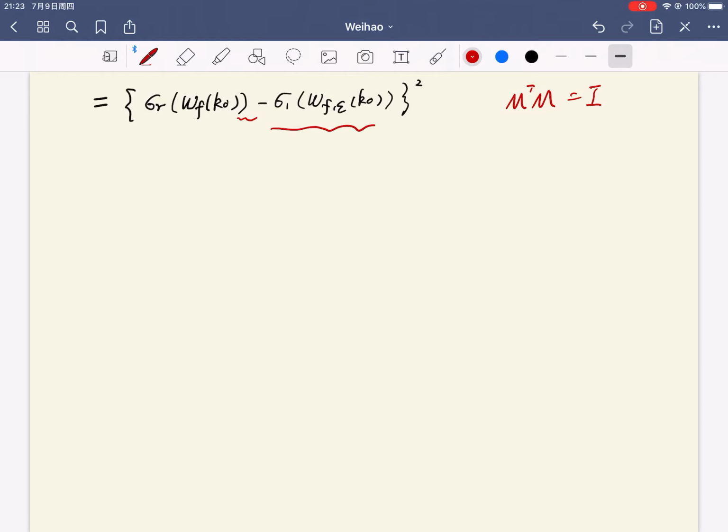Let's look at the second term. Because for a positive semi-definite matrix, the largest eigenvalue equals the largest singular value.